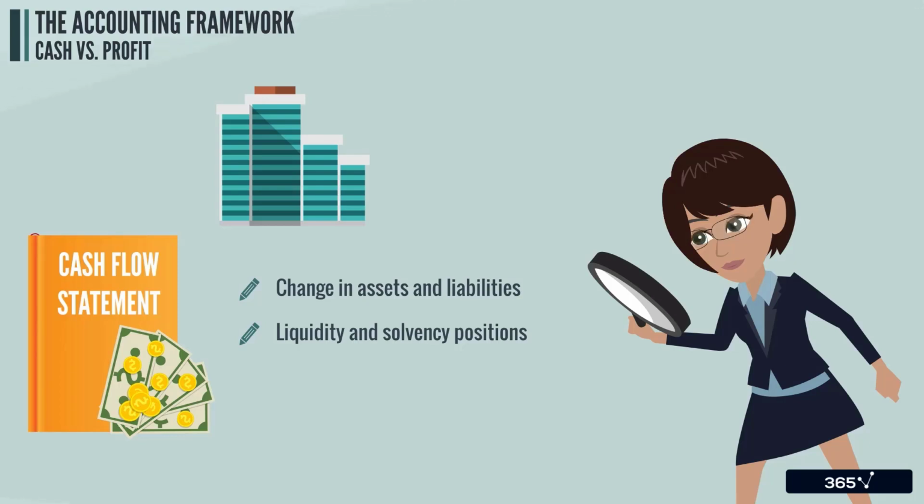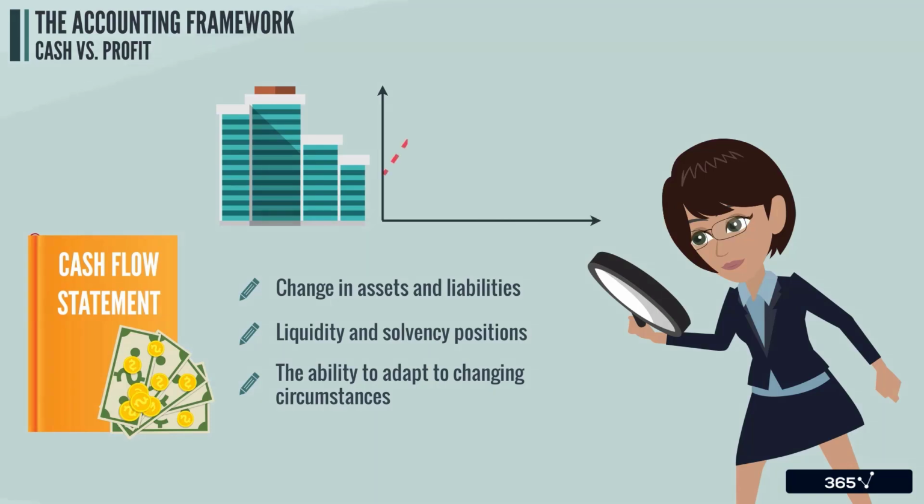By the same token, we can see an organization's ability to adapt to changing circumstances by adjusting the amount and timing of cash flows. In other words, projecting the cash flow will enable a firm to predict and possibly prevent unfavorable scenarios in the future. Essentially, understanding how the cash flow statement functions is your bread and butter in budgeting.